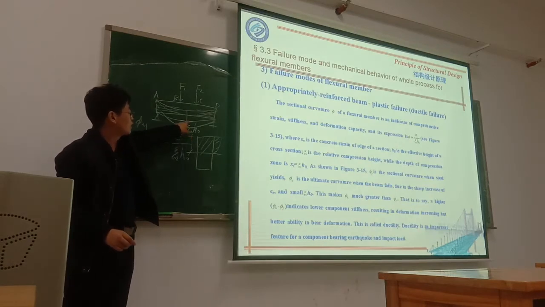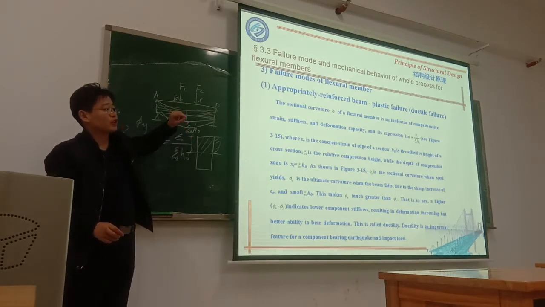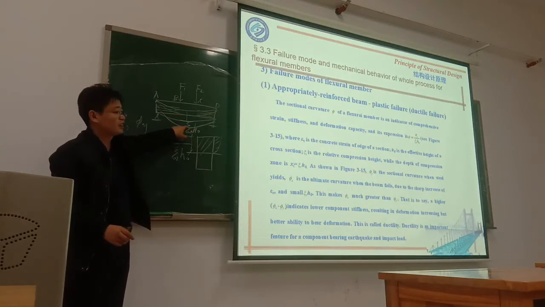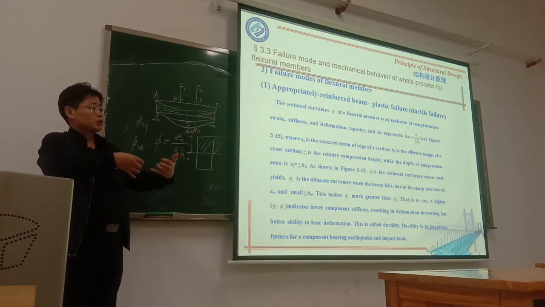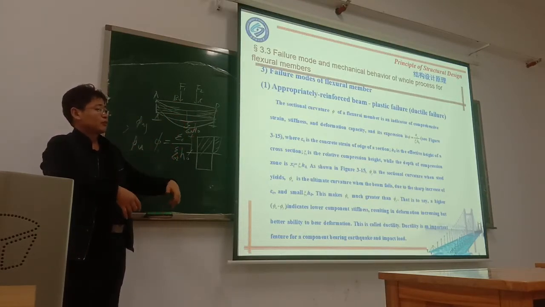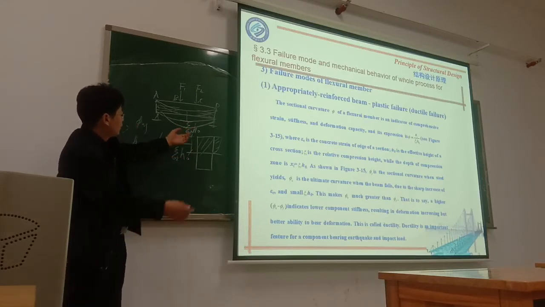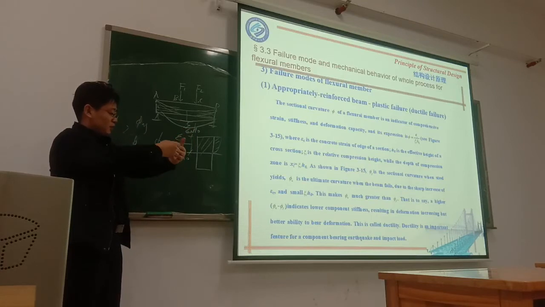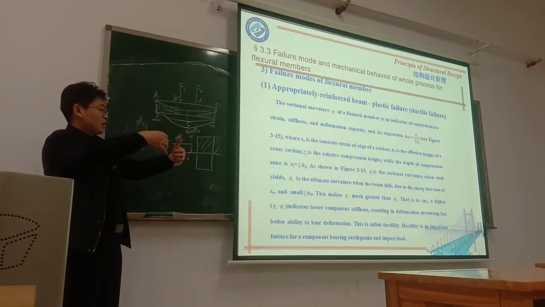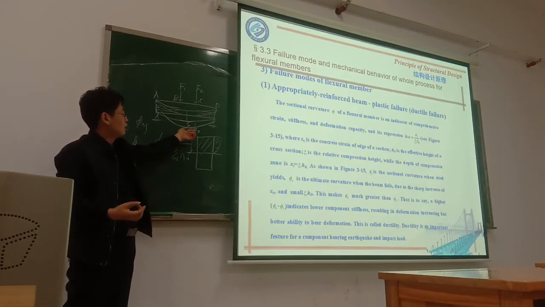This line is just when the steel reaches the yield strength, and at this stage the beam is going to be destroyed. At this stage the beam is developing cracks.